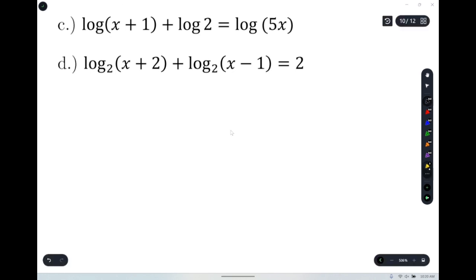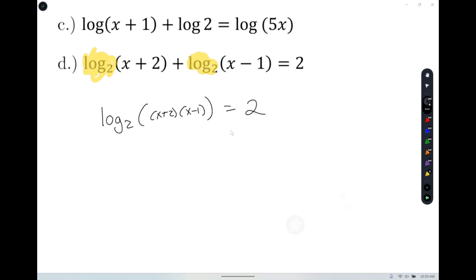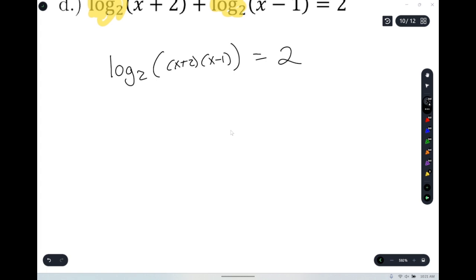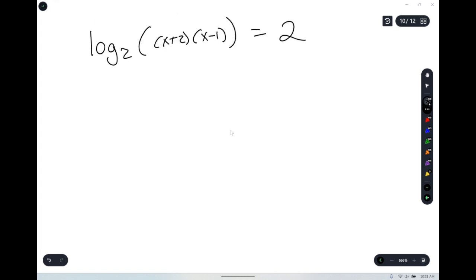How do we mash together those two logs that are highlighted right now? You do indeed multiply. Log 2 of (x plus 2)(x minus 1) equals 2. We're doing 7. Now what? I think I got to get rid of the log. How do you get rid of the log? You raise the same number that it has as a base.